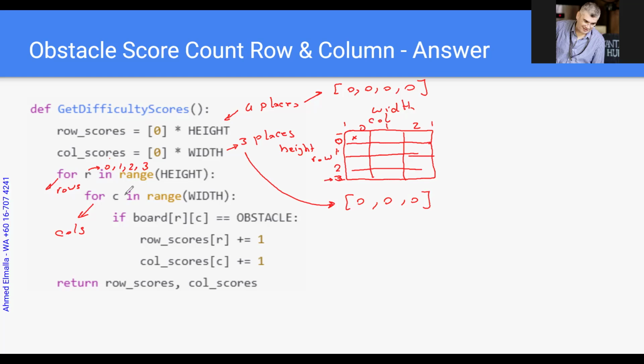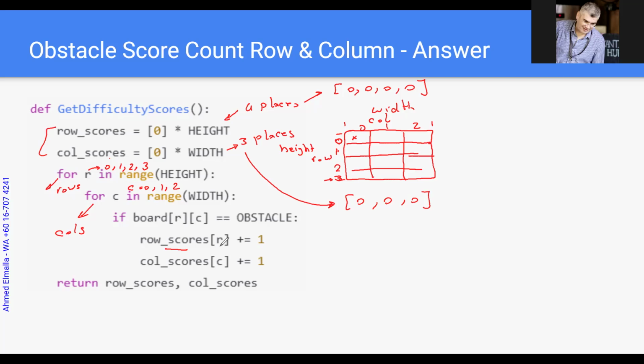And the columns will start from 0, 1, and 2, like we are doing here. So once we are at row 0, we will check every column that we have here at row 0 if it contains an obstacle. If it contains an obstacle, then we will increment the row scores. Both arrays will be actually incremented, but at different places.